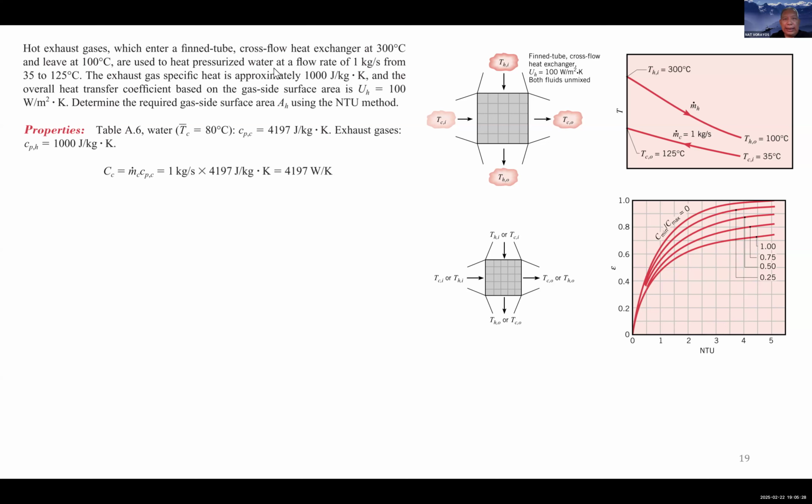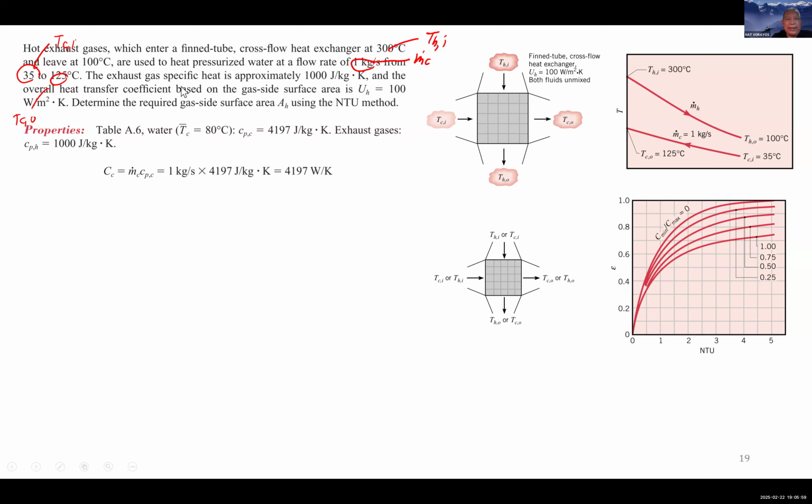Water flow rate is given to you as 1 kilogram per second from the temperature of 35 to 120. So this one is THI. This one is M.C. This one is TCI, and this one is TCO.